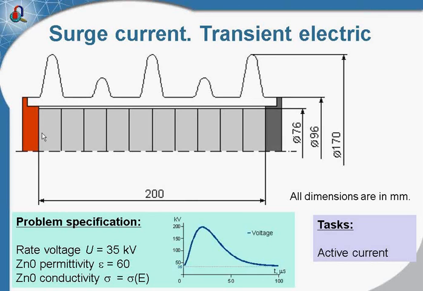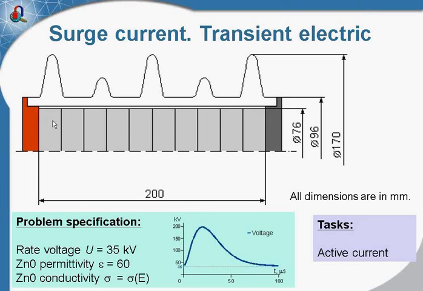The lightning protector device consists of the insulation tube, high voltage part, and the grounded part.